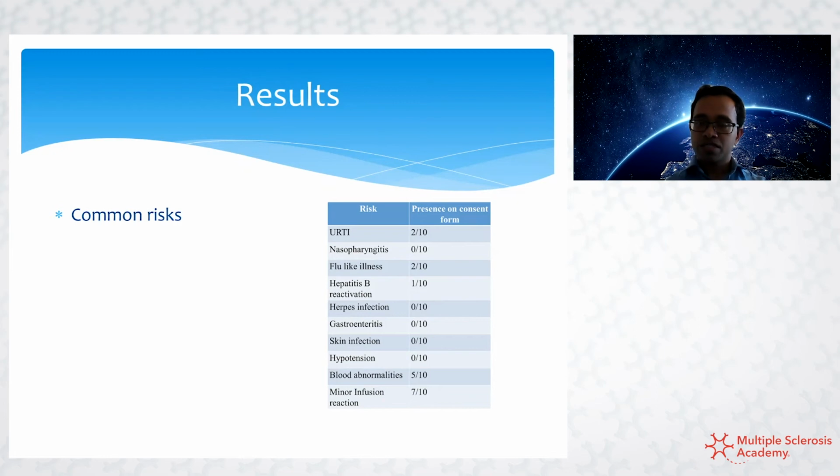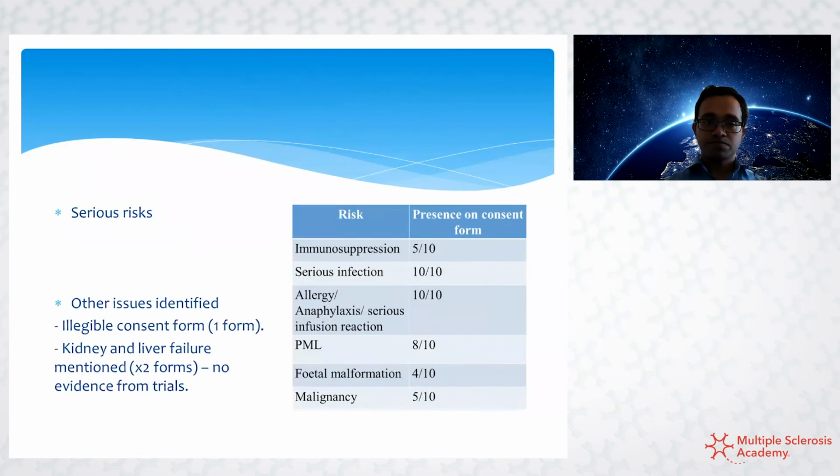Minor blood abnormalities, including lymphopenia and hypogammaglobulinemia, were discussed in 5 cases, and minor infusion reactions were discussed in 7 out of the 10 consent forms. With regards to the serious risk of immunosuppression, it was discussed in 5 cases.